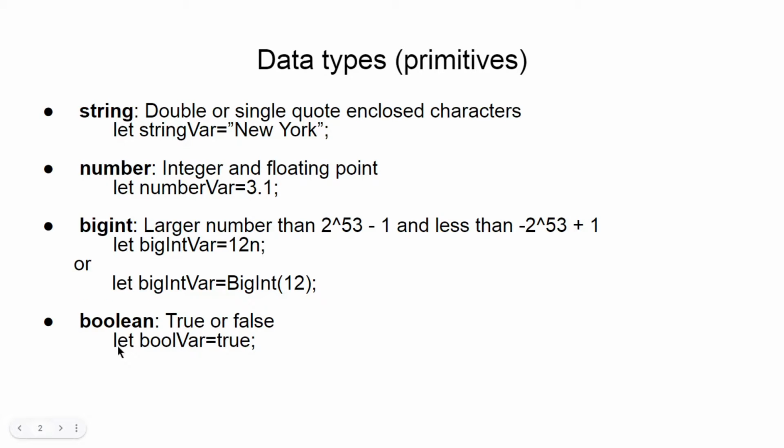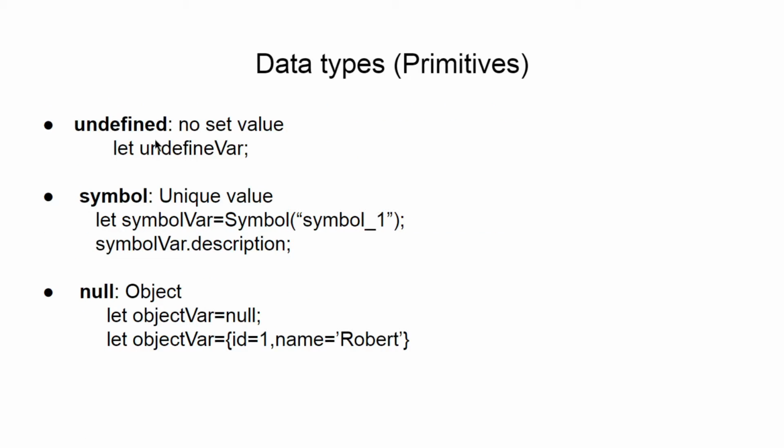Now we have the next data type. It is undefined. Okay, it means that the variable that you are declaring doesn't have a value. The value is not set. Okay, this is an example. This is the pattern.